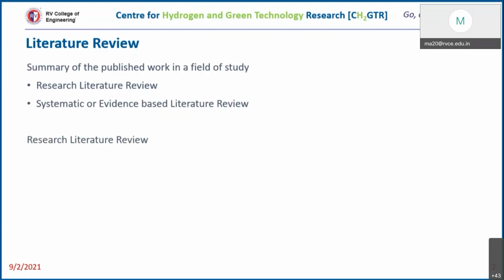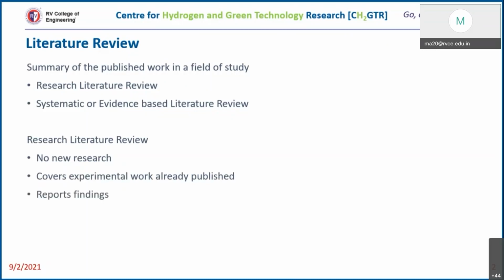Coming to the research literature review, there is no new research there. It is just reporting of the work that has already been carried out. It covers experimental work that is already published, reporting your findings or someone's findings.